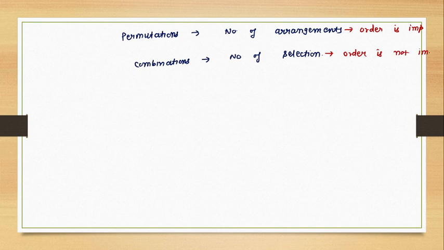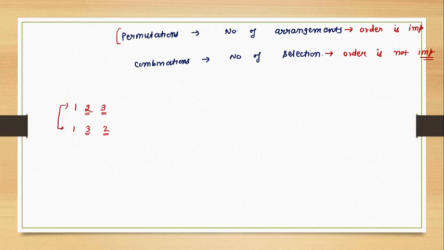Order is not important means it does not matter whether you select Virat Kohli first and Rohit Sharma second, or Rohit Sharma first and Virat Kohli second. But in permutation, if you write 1 2 3 and 1 3 2, order is important. If you write 2 first and 3 after 2, and if you write 3 first and 2 at the second position, these two numbers will be quite different.